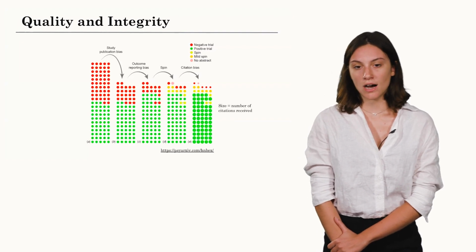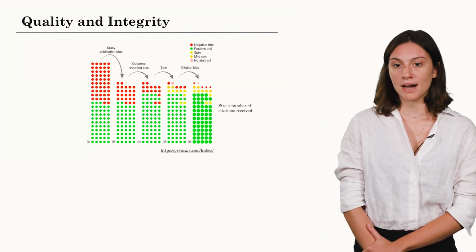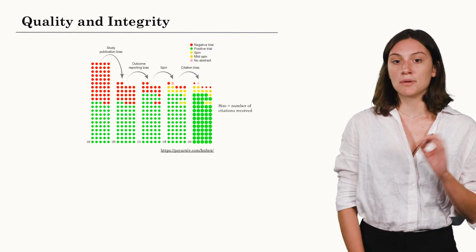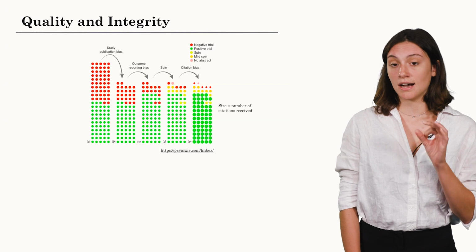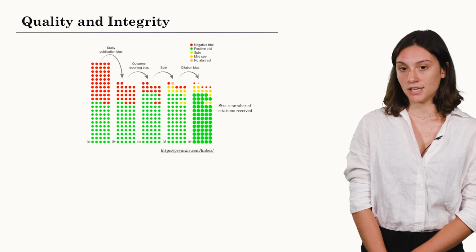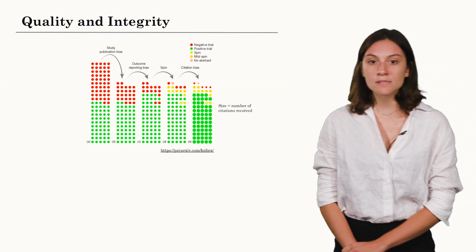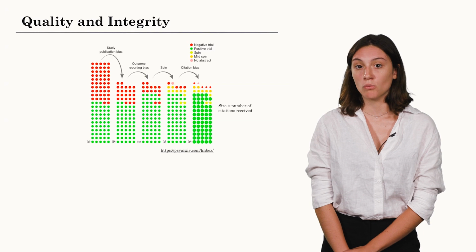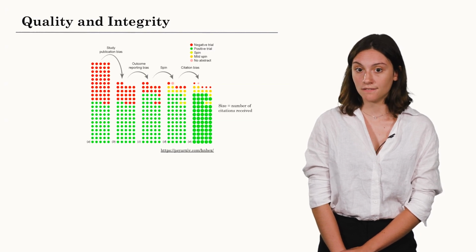And after spin, it could also be that we have citation bias. Here you can see how citation bias can really bias the literature that we end up with. Remember that each of these bubbles is a clinical trial, and here the sizes represent the number of citations received. What has been shown is that studies with a positive effect usually get more cited than studies with a negative effect.